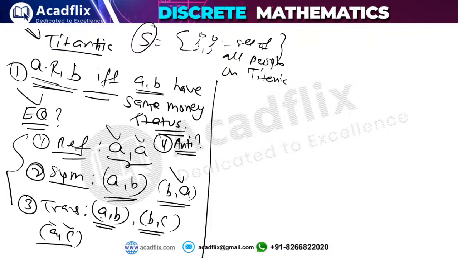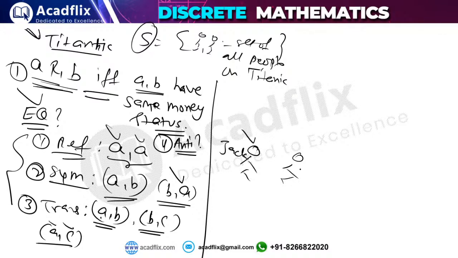This relation R1 is not anti-symmetric. Why? Let's assume we have two different people, and both are poor. Maybe this is our hero Jack, and maybe Jack's friend.